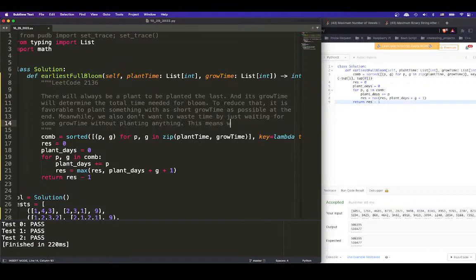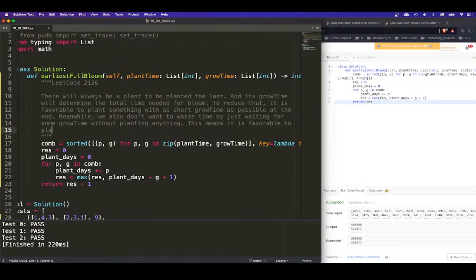This means it is favorable to plant something that takes a long time to grow at the beginning.